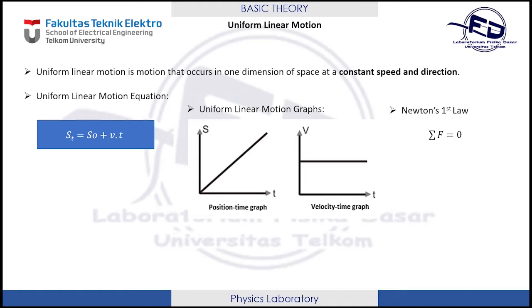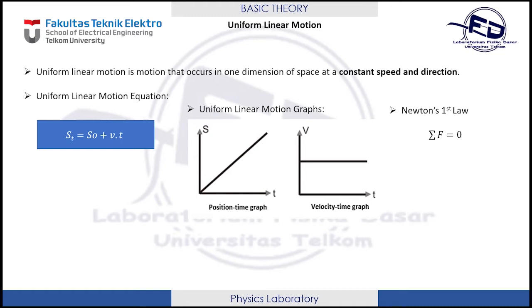In uniform linear motion, there is only one equation, and that equation is st equals so plus v times t, with st as final distance in meter, so as initial distance in meter too, v as velocity in meter per second, and t as time in second.